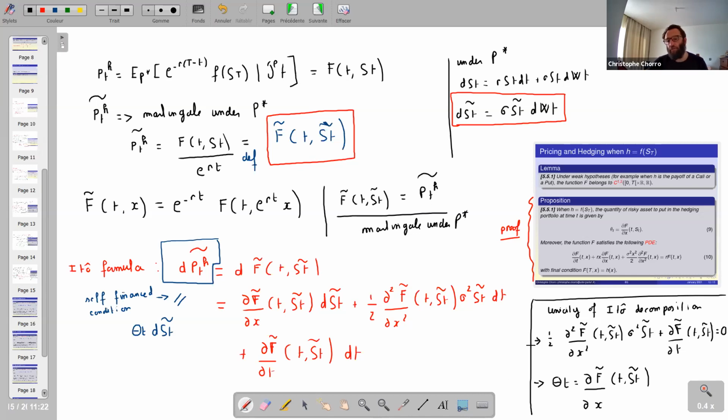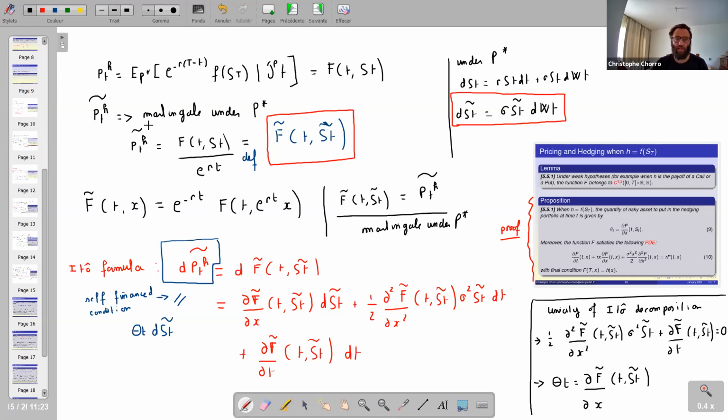And in fact, now the proof is finished. The only thing I have to do now is to compute. So keep in mind what I have obtained. I repeat my reasoning. I express the actualized price of my contingent claim using the function f tilde of t and S t tilde.